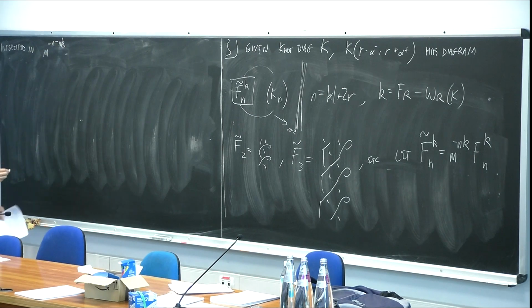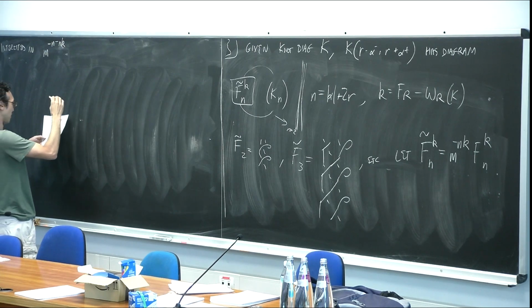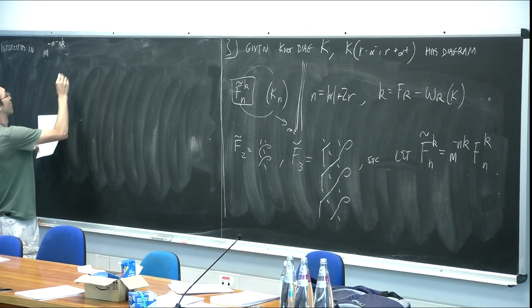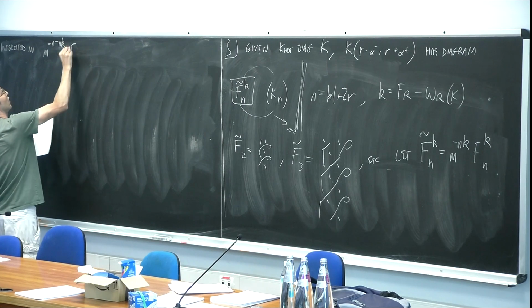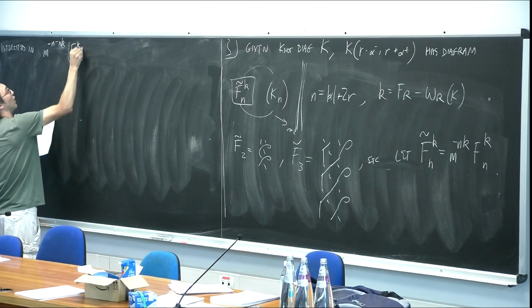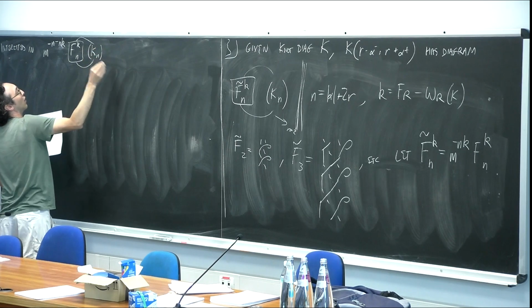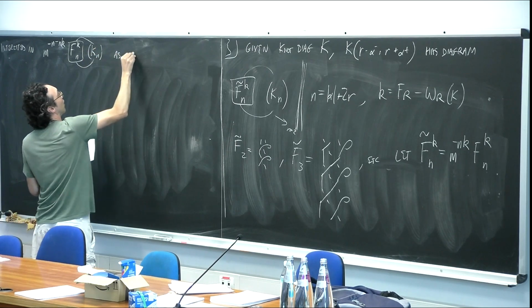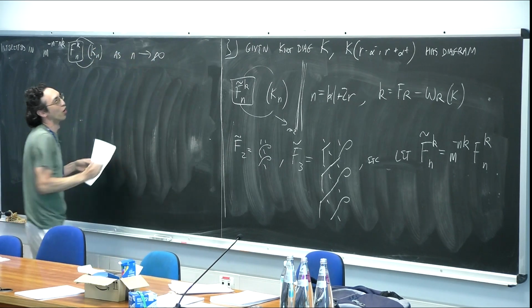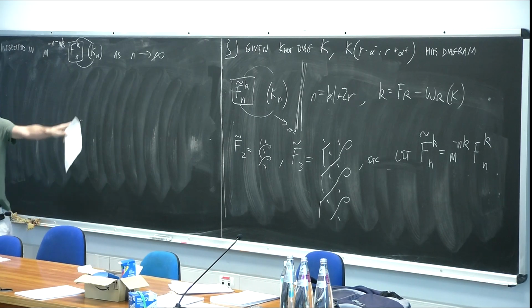So I can say that I'm interested in these diagrams. And r going to infinity is the same as n going to infinity if I have fixed alpha. Okay.